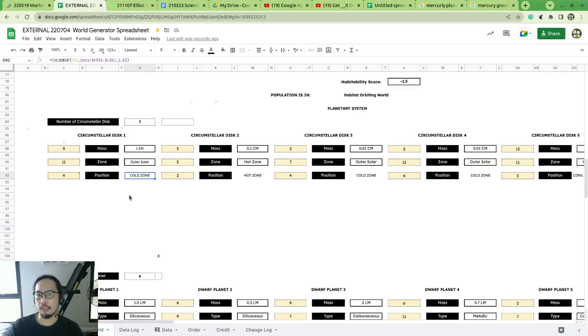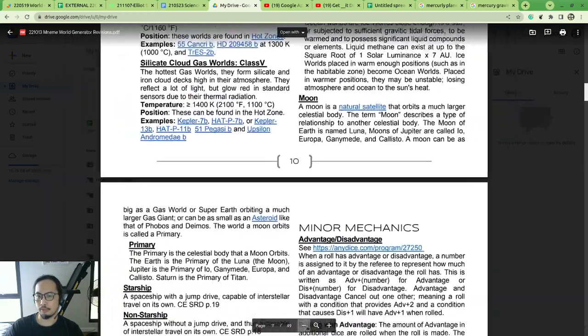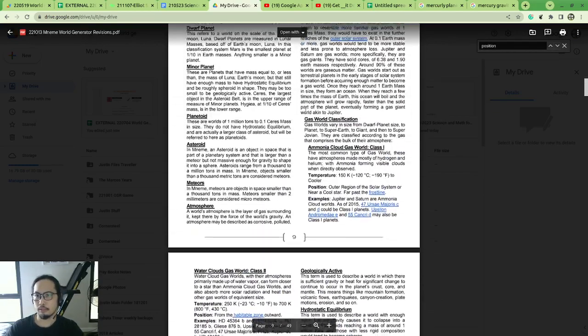No, not this. This is the exploded dice. This is the position. The way this position is supposed to work, it's under position. Why is it not searching?